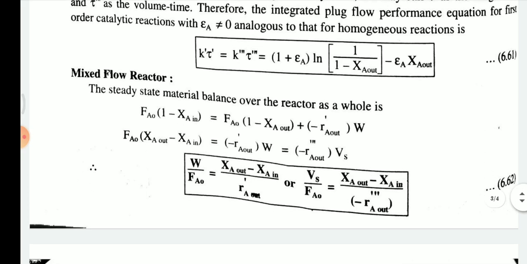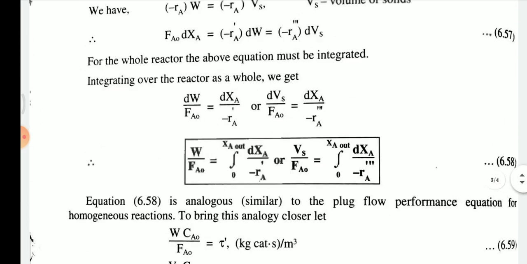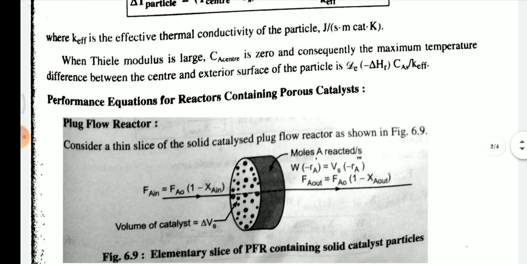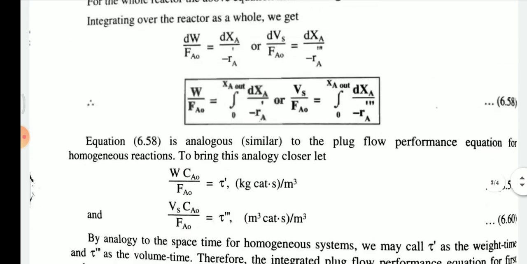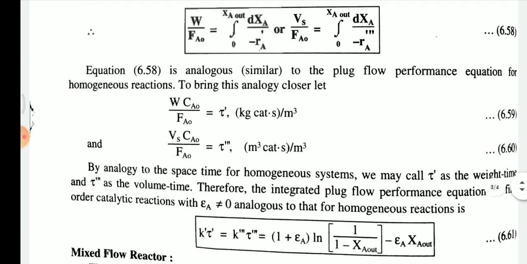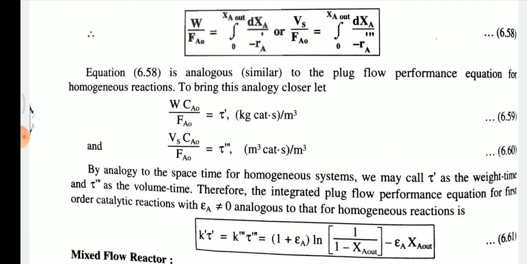Now similarly for the mixed flow reactor, this condition is considered for a porous catalyst, and for plug flow this equation should be equation number 6.58.